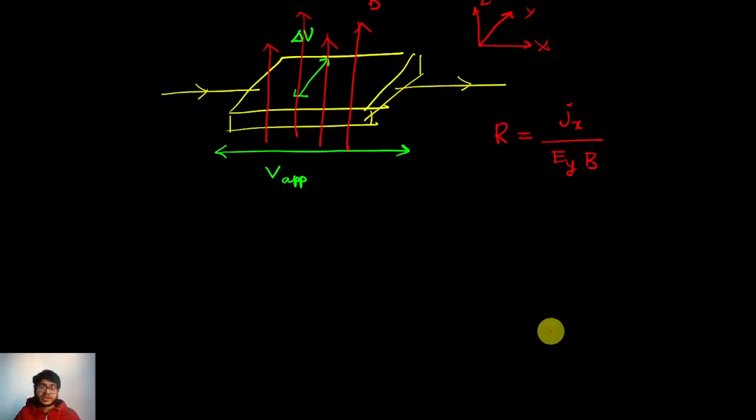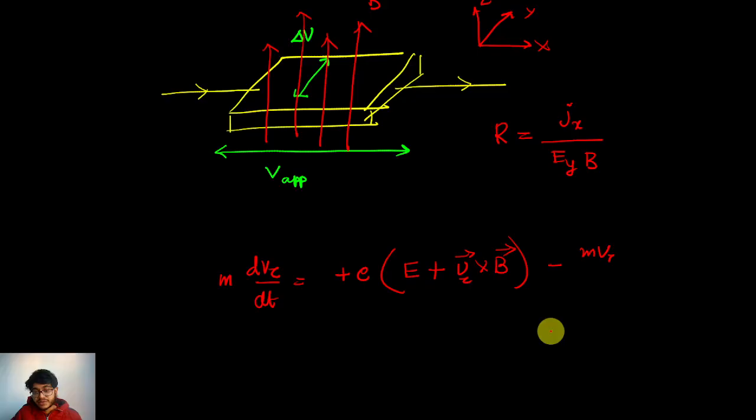Drude's model, I will not go into the derivation, but similarly, just like we saw the equation for normal conductors, it uses E plus v cross B. So it can explain the whole thing in the same way, essentially, with m v_d by tau.